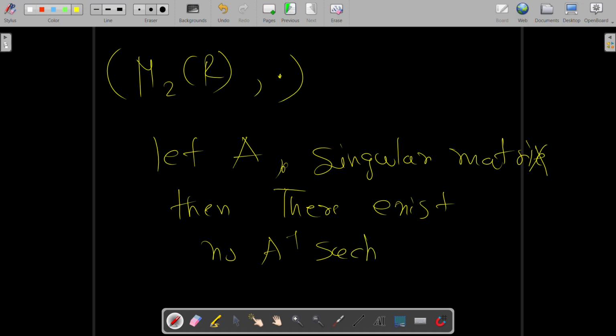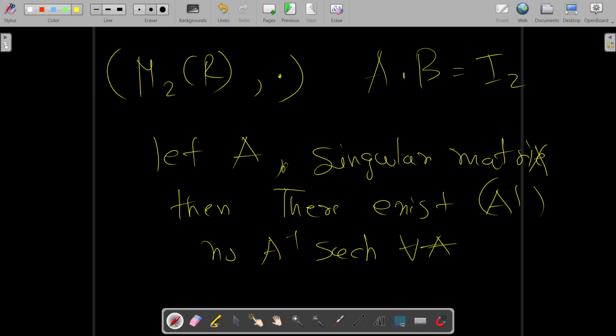Basically the A inverse will not exist for all A. For some cases maybe for a matrix A there will exist a matrix B such that if we multiply A into B, it will become equal to identity. But for all matrices A, it will not satisfy that.